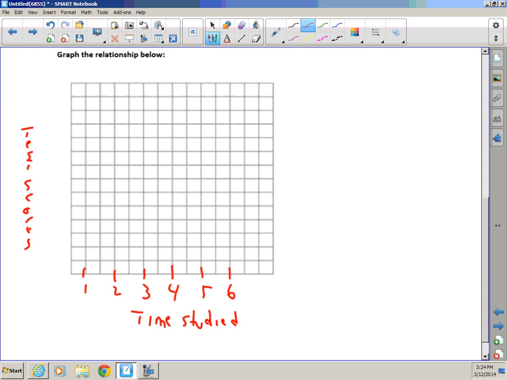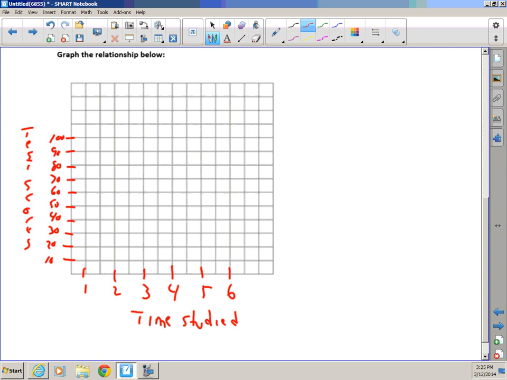I can spread them out. My test scores, I can count by 10: 20, 30, 40, 50, 60, 70, 80, 90, 100.